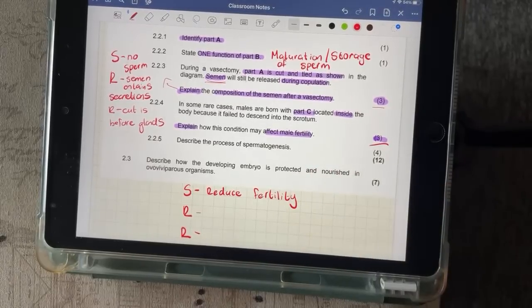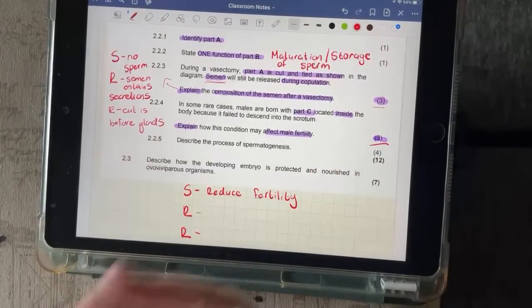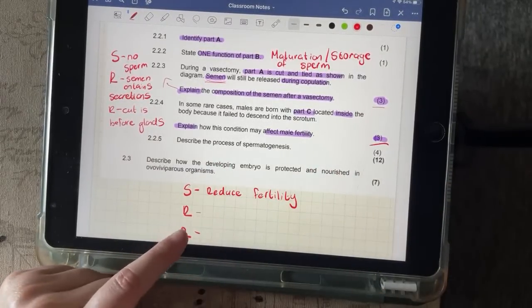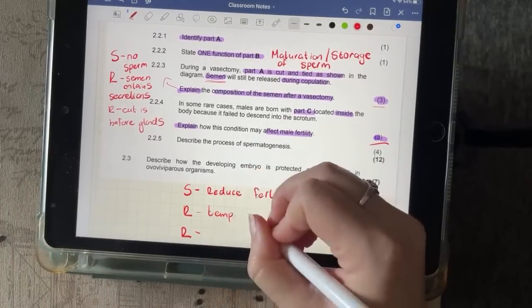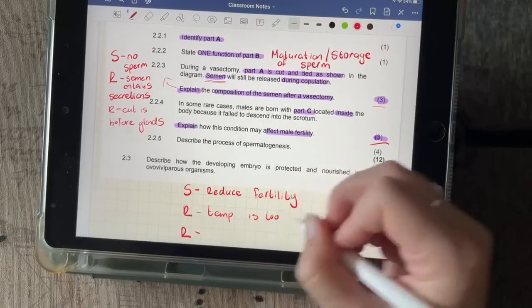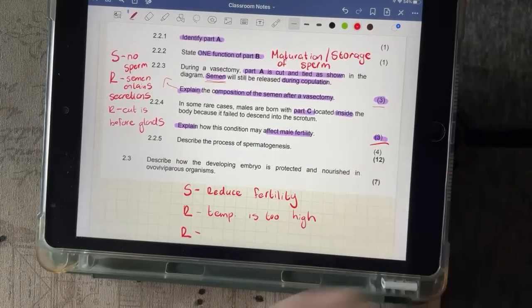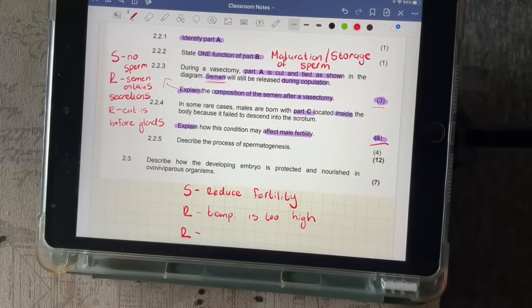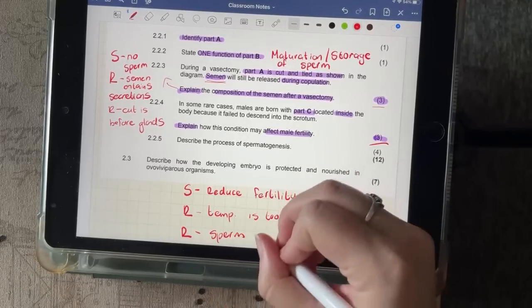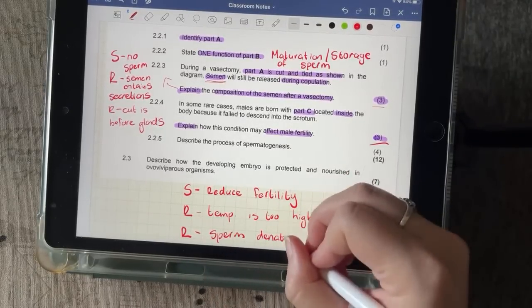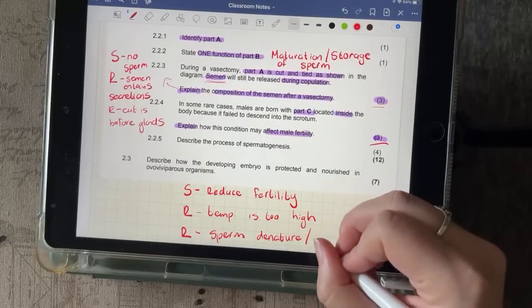Okay, that's your statement. So it's reducing fertility. Why? So here are your reasons. Why? Well, because the temperature is too high. And what are sperm made out of? Protein. So the sperm, you could say denature. You could say deform.